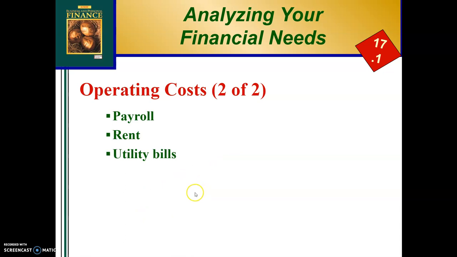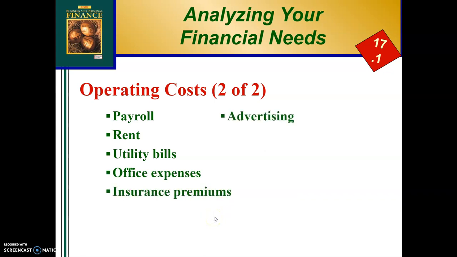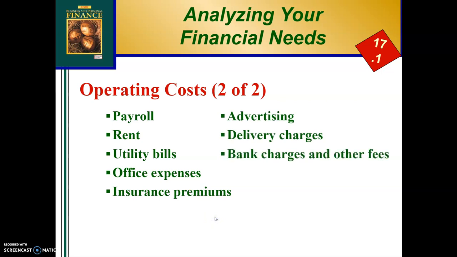Utility bills, electricity, gas, water needed in order for us to operate. Office expenses, insurance premiums, advertising, delivery charges, bank charges and other fees for processing payment from customers who want to use cards. All of these are considered to be operating costs.